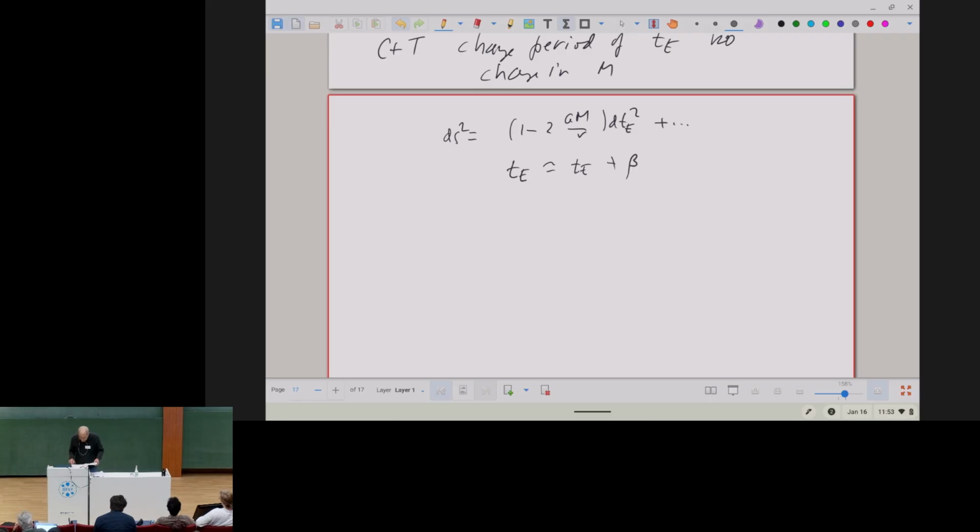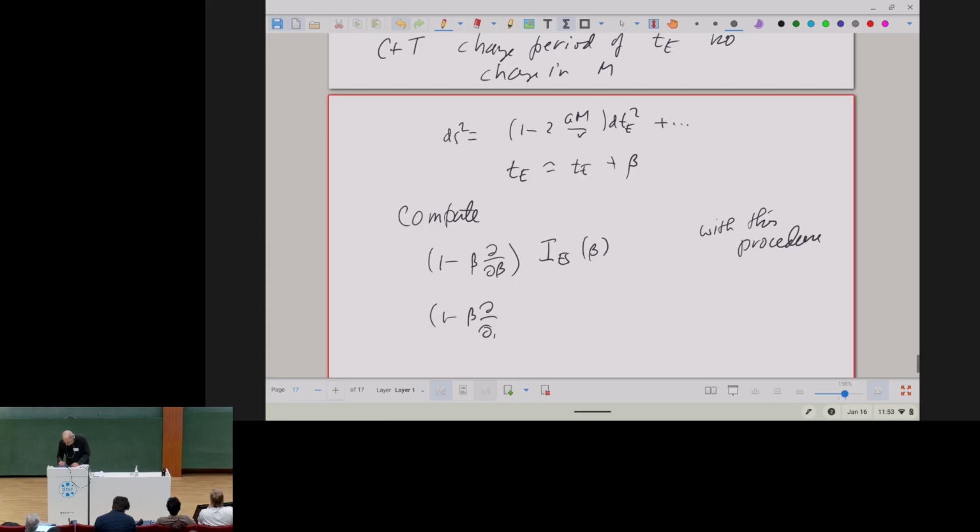So what's going to happen to us? Well, let's compute 1 minus beta d beta of the action with this procedure. So one term to worry about is the boundary term at infinity.